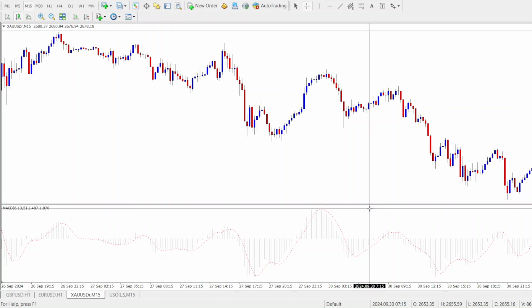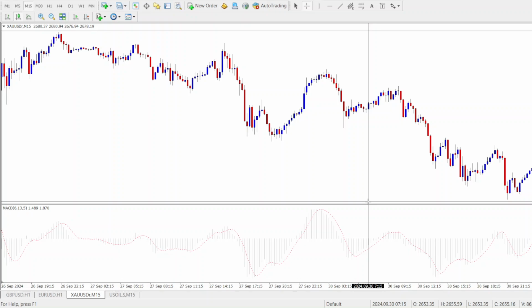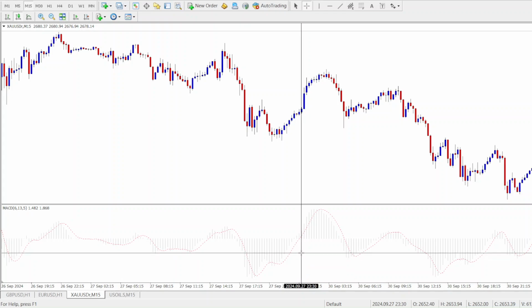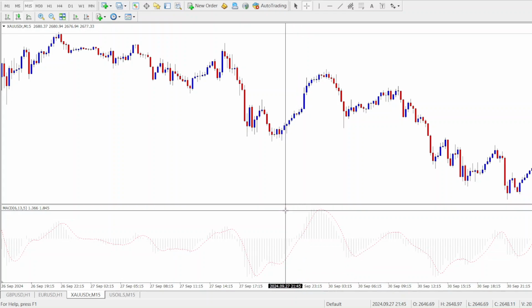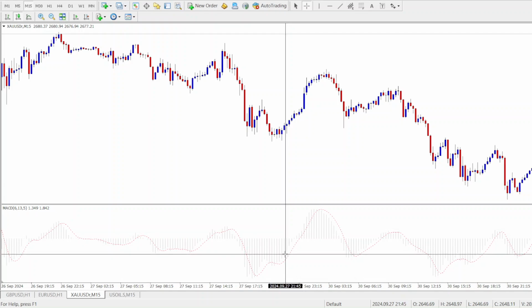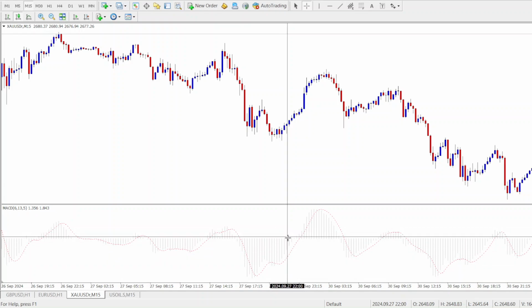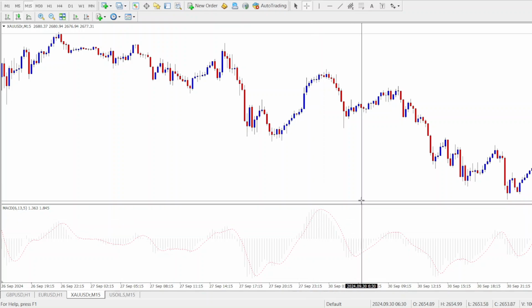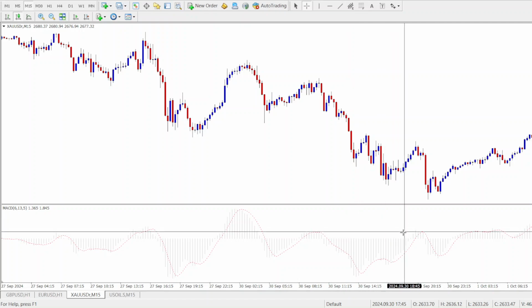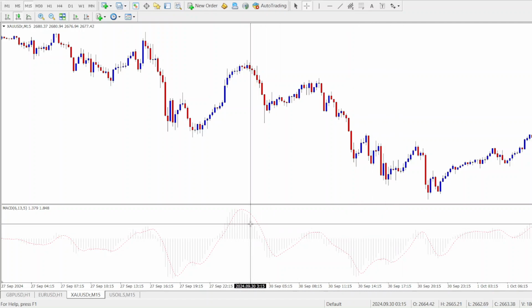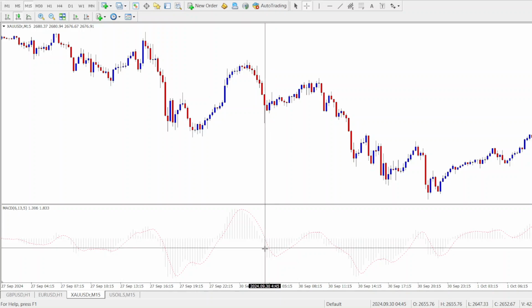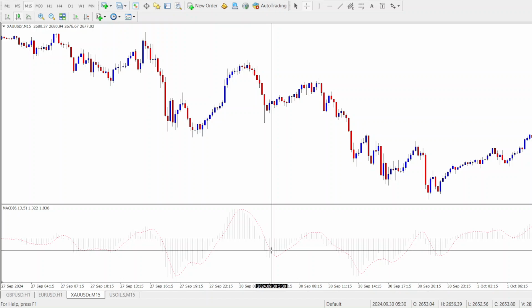So for bullish confirmation, if the histogram flips from the negative, that is from below zero to above zero, and continues expanding, it reinforces the buy signal. On the other hand, if the histogram flips from the positive to the negative, it confirms the sell signal.